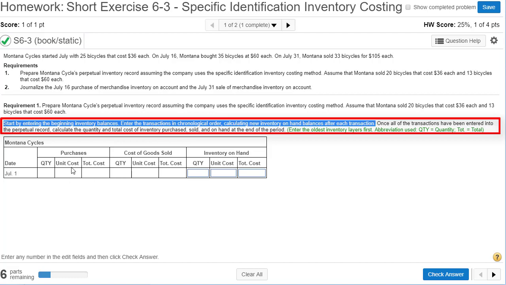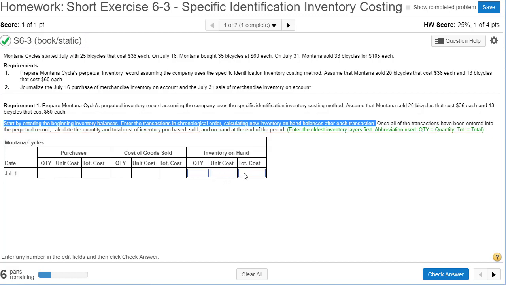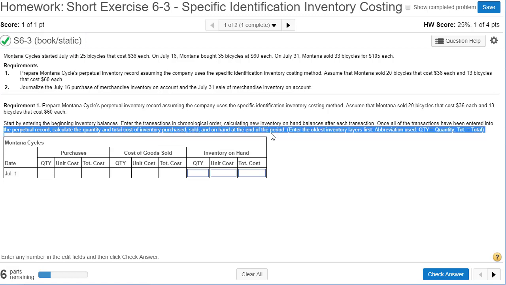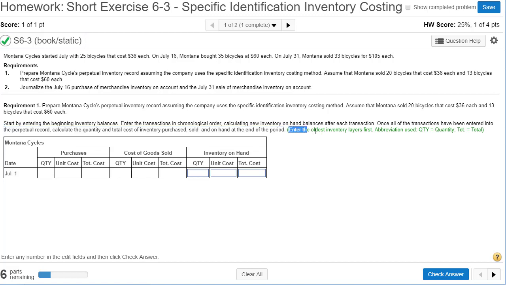So in other words, after we purchase some, we have to figure out what the different prices are that we bought them at and what the total cost of them is. And then once all the transactions have been entered into the perpetual record, calculate the quantity and total cost of inventory purchased, sold, and on hand at the end of the period. Enter the oldest inventory layers first.